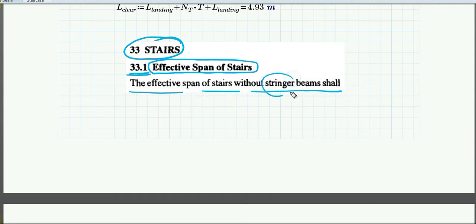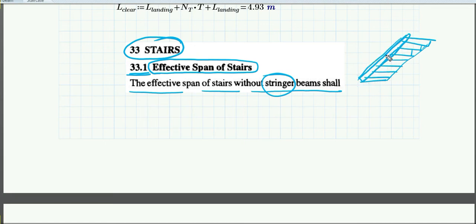So what is a stringer beam basically? In certain cases of staircases, you will find that the supporting beam runs along with the steps or along with the flight. Suppose you have the beam here, then the staircase is over here, which is supported by the beam.